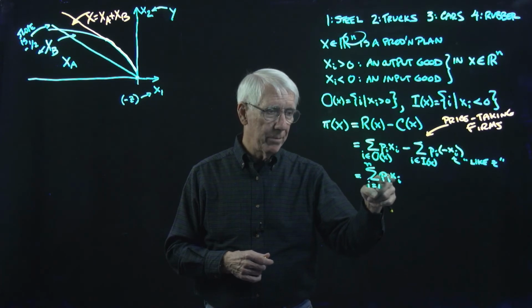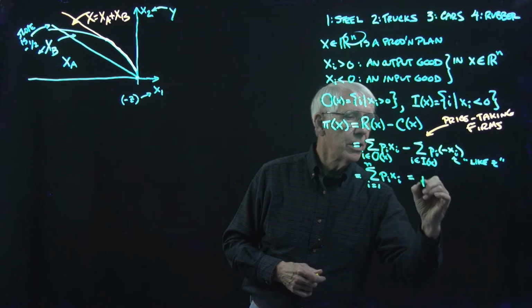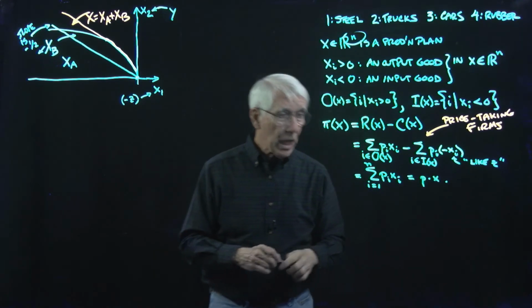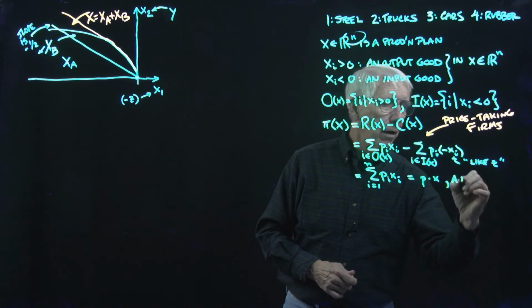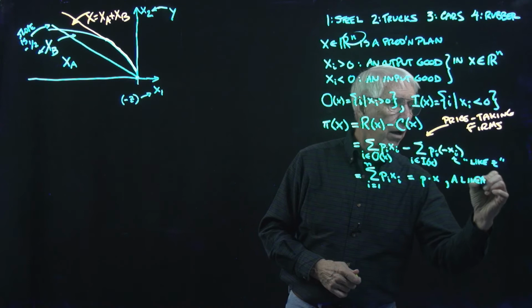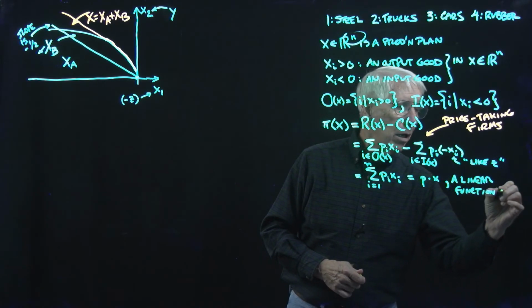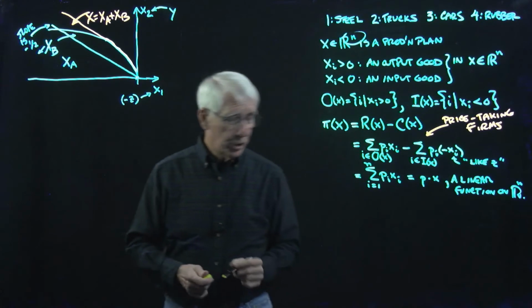I can include them here because xi will be 0. And of course, this is p dot x, a linear function.